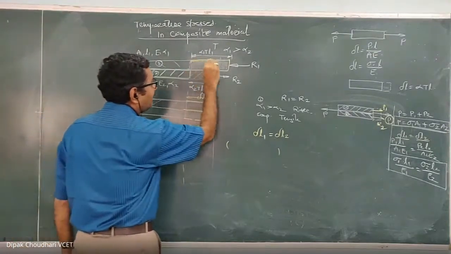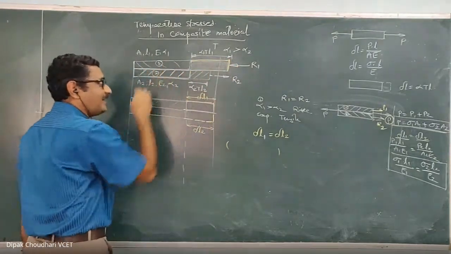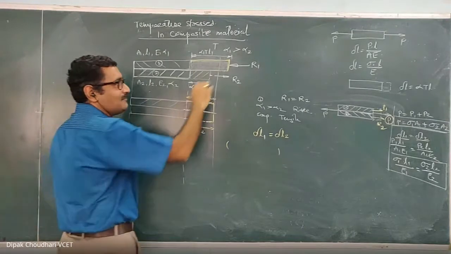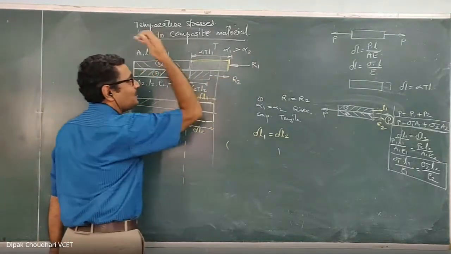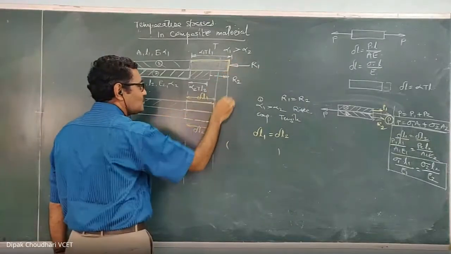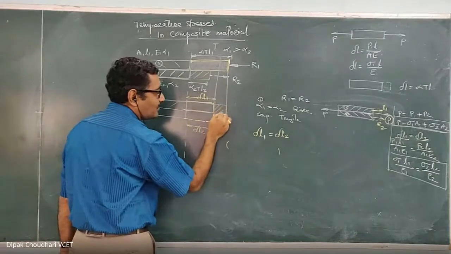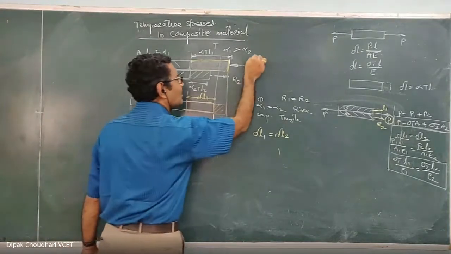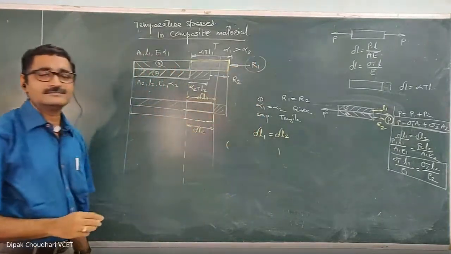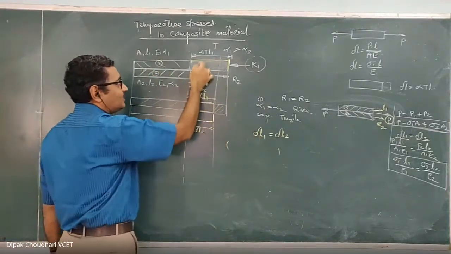One is the free deformation because of the change in temperature, and since the other material is rigidly connected to it, one axial compressive reactive force is acting on material 1, and because of this, the final deformation is shortened. This shortening is the deformation because of this R1 axial. Yeah, this final deformation has two different components.